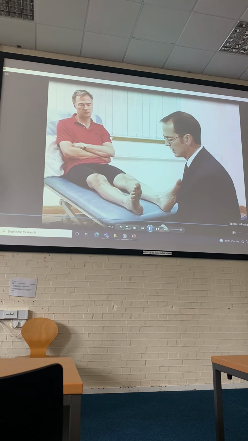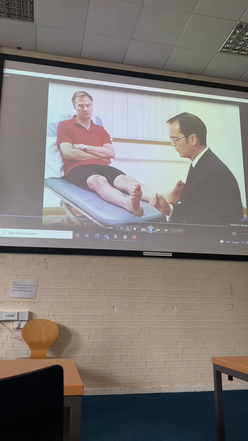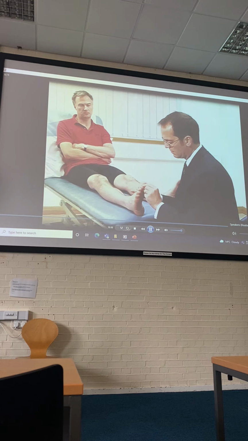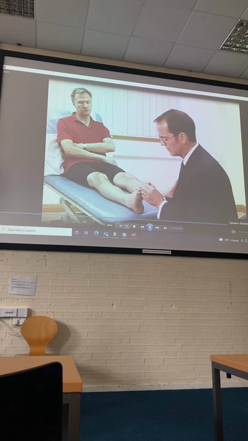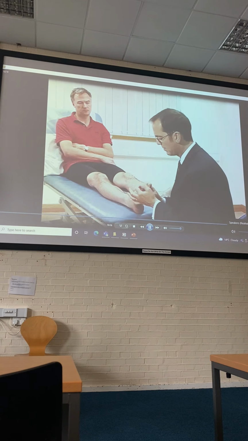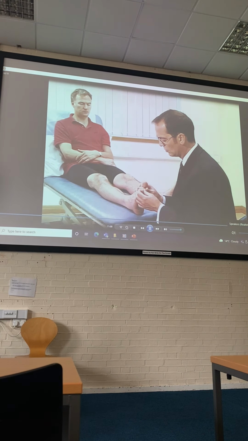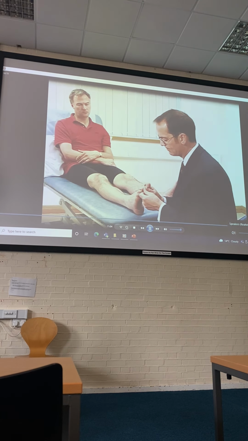Finally, we need to consider potential causes of pain within the toes themselves. We've already touched upon toe deformities such as hammer toes, mallet toe, claw toe, and also crossover toe. Pain may be associated at the deviated interphalangeal joint with associated soft tissue irritation, corn and callus formation.